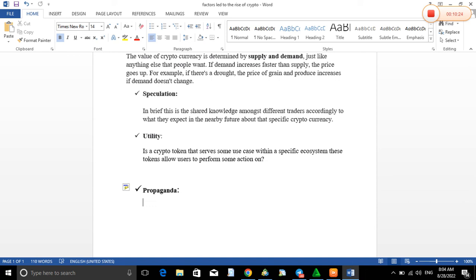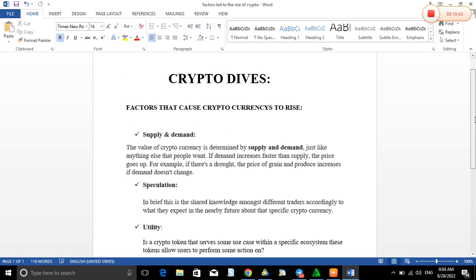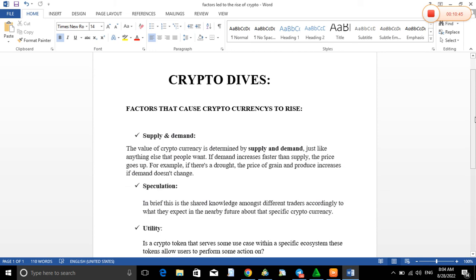Propaganda is related with fundamental news. These fundamental news are also related with media people or media companies, all that stuff, which are followed by people in the community. So those are the factors we spotted for you guys which cause cryptocurrencies to rise or fall.